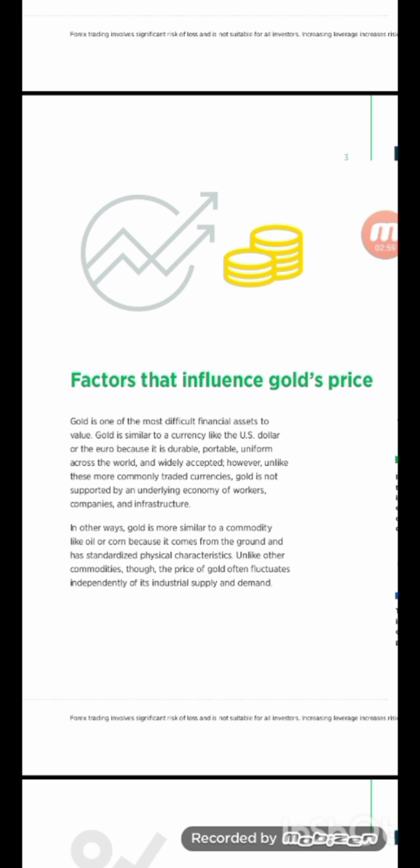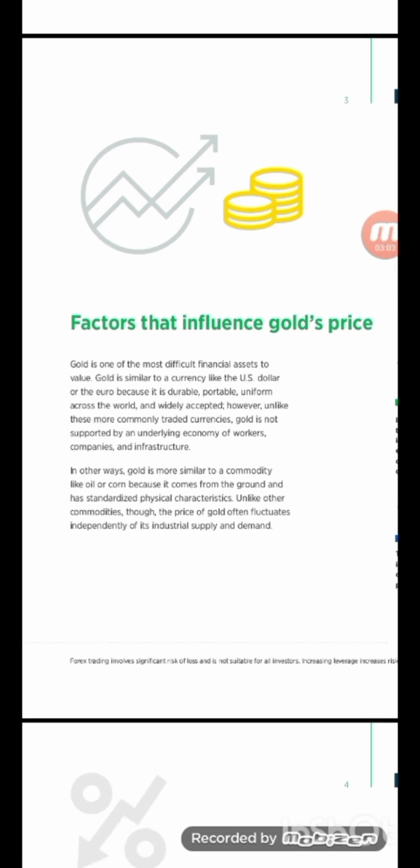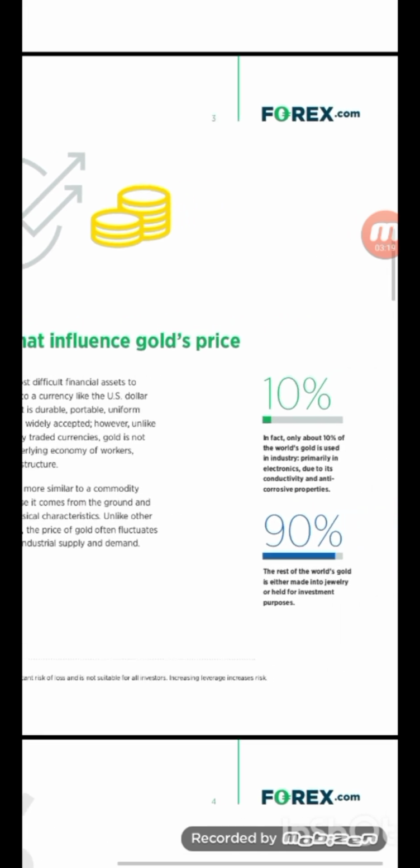In other words, gold is more similar to a commodity like oil or corn because it comes from the ground and has standardized physical characteristics. Unlike other commodities though, the price of gold often fluctuates independently of its industrial supply and demand.